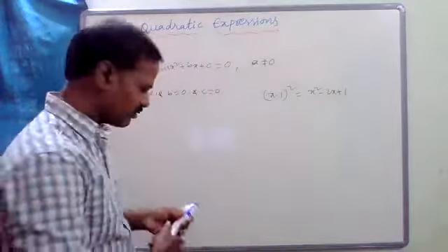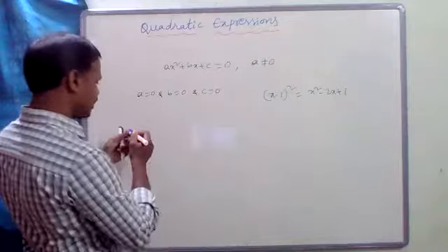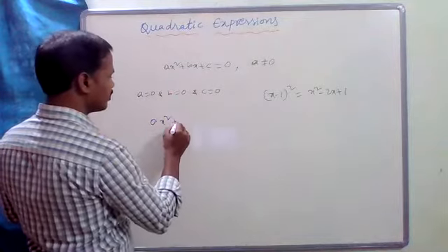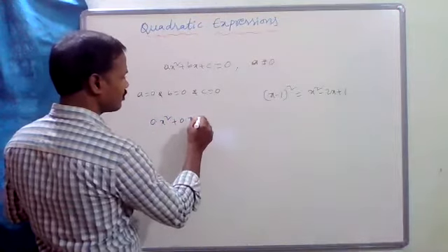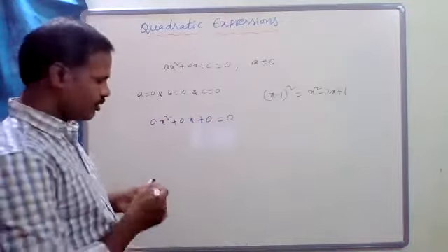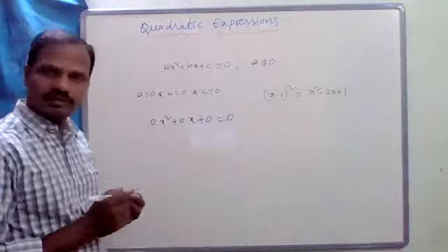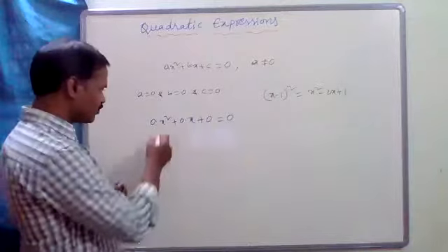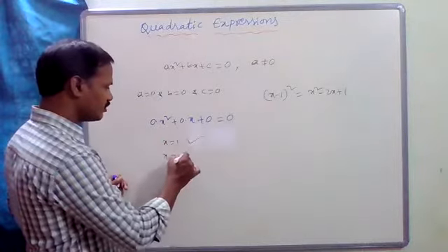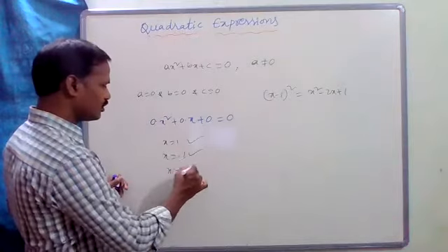You got my point? See, for example, if I am writing like this, 0 into x square plus 0 into x plus 0 equal to 0. Because a, b, c are 0. Now if you substitute any x value, suppose x equal to 1, it is true. X equal to minus 1, it is true.